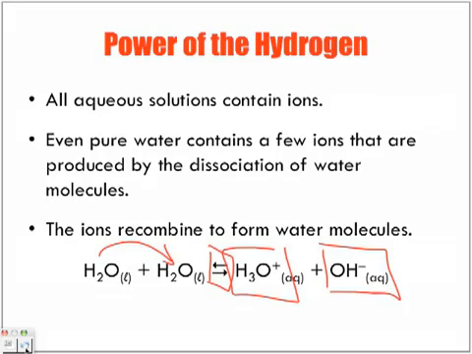So our conjugate acid, conjugate base. Does it really matter which one's the acid or base? No, we can't really identify which one, but one of them acts as an acid, the other one acts as a base. Notice it's reversible because these two will react back to form the water molecules again.